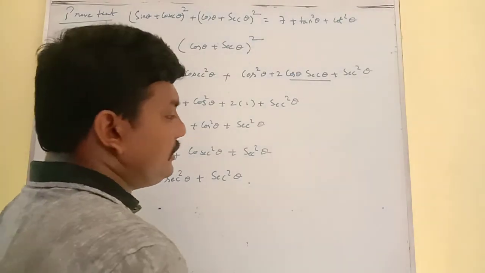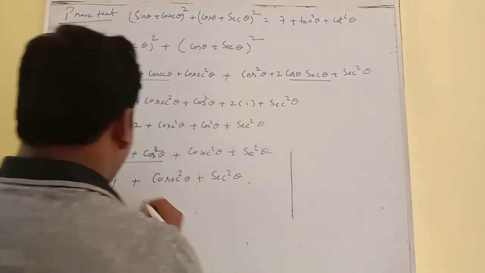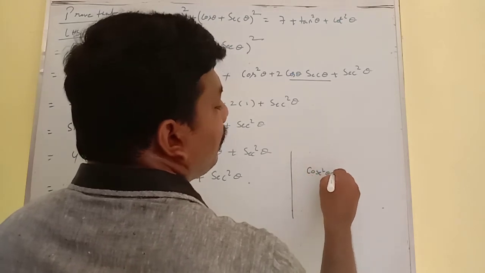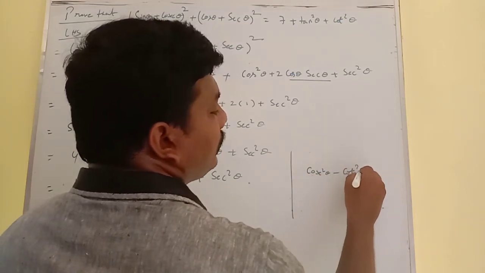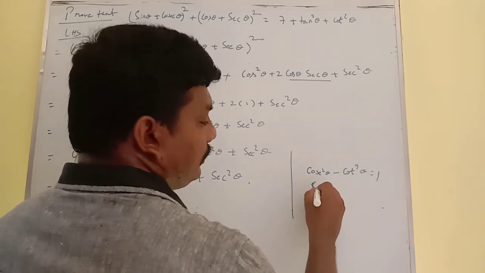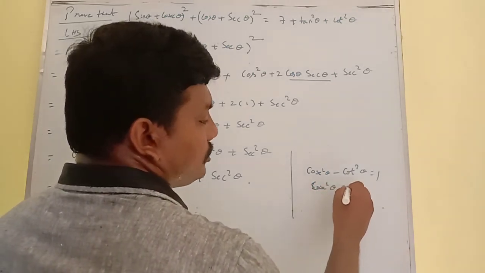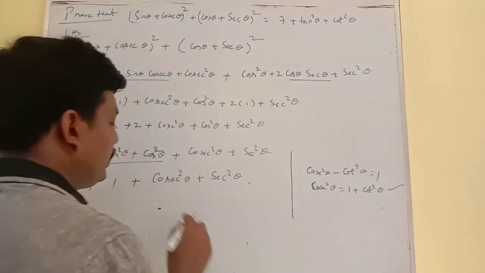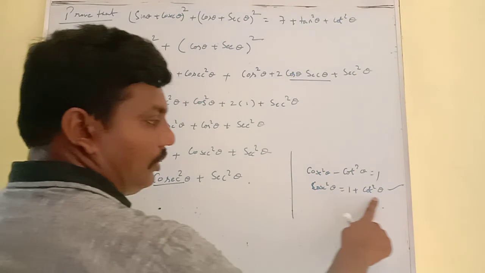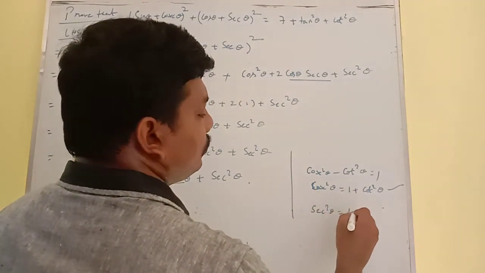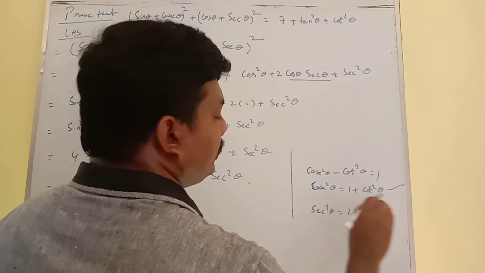The second trigonometric identity is cosecant square theta minus cot square theta equals 1. So sending minus cot square to this side, cosecant square theta equals 1 plus cot square theta. We use 1 plus cot square theta in place of cosecant square theta. In the same way, secant square theta equals 1 plus tan square theta.